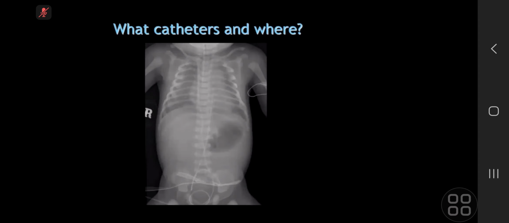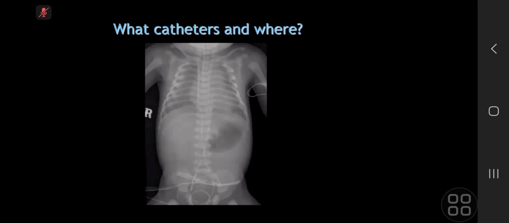So again, that's the malposition umbilical artery catheter, but UVC is also the straight line, which I can see is going into the superior vena cava. The upper tip is in the superior vena cava, so it should be in the right atrium. So I will ask the emergency team to retract back and put in the IVC or in the right atrium.